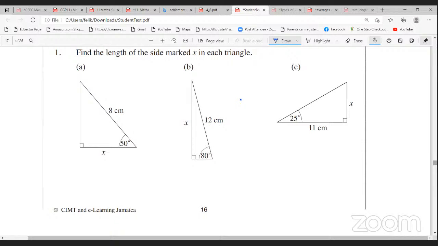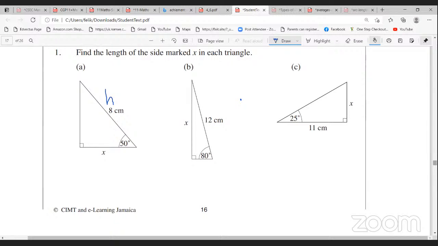Label it like hypotenuse, opposite. This should be the hypotenuse right here, and the opposite is from right here.